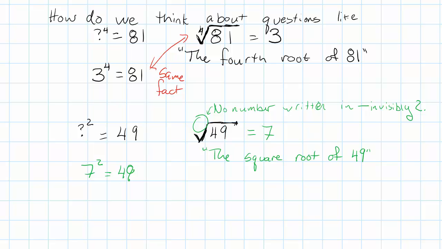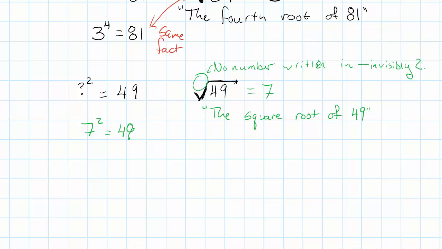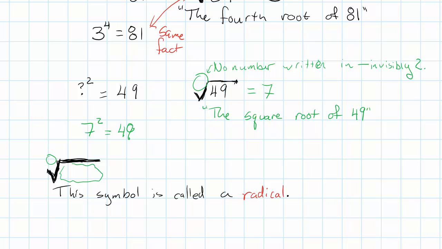Right, so just as division looks for the missing thing in multiplication, one of these roots looks for the missing base of an exponent. Now, this symbol is called a radical. It may or may not have a number here. It does have a number inside. We're using it to compute a root, but the squiggly line itself is called a radical.